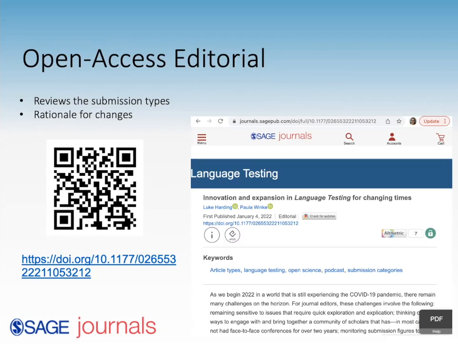So if you're interested in following up after this session, we strongly urge you to check out that editorial. There's a couple of ways of accessing it here. Dylan's included a nice QR code, or you can click on the DOI that's on that slide, or just Google "Innovation and expansion in Language Testing" and you'll find it. So please do take a look at that editorial if you'd like to really learn more about what we're going to be talking about today.